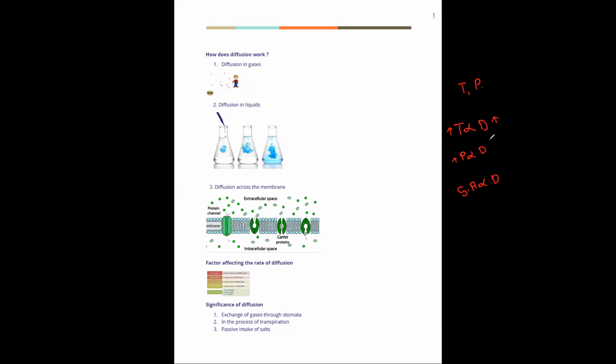So if temperature is increasing, diffusion will increase. If the pressure is increasing, then obviously it will increase. These are the few factors which control the rate of diffusion. Got it? Fine.